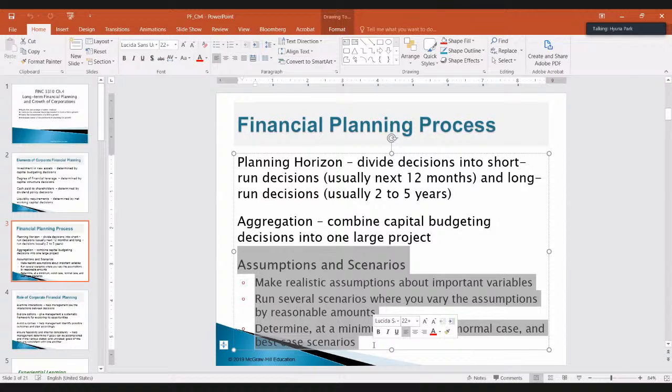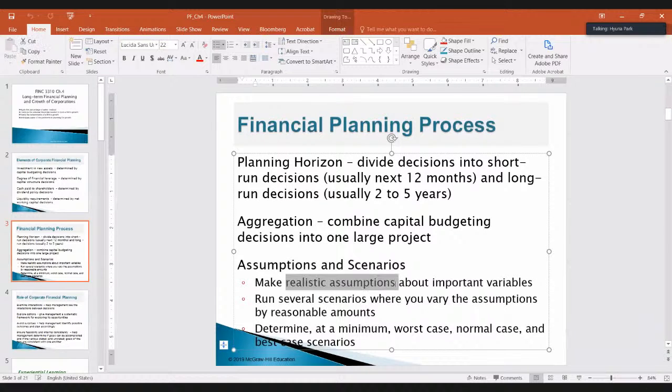When companies make these kinds of plans, they need to make some assumptions, because plans are by definition about the future, and nobody can predict the future for sure. Forecasting and planning depend on what's going to happen in the future, and we don't know that. That's why we need to make realistic assumptions about important variables.